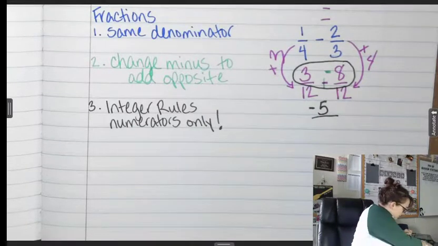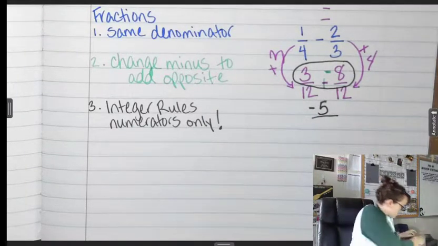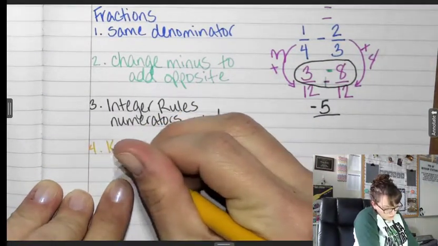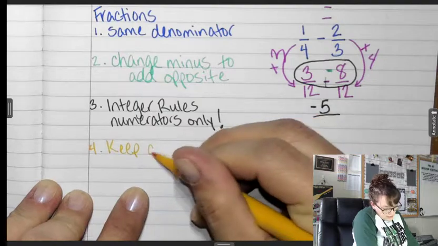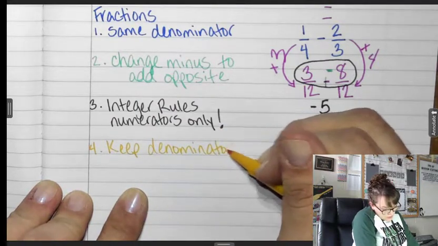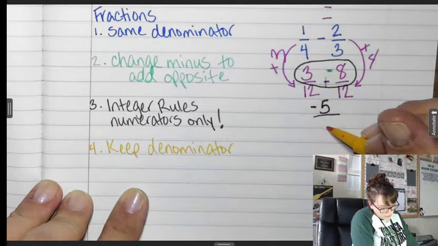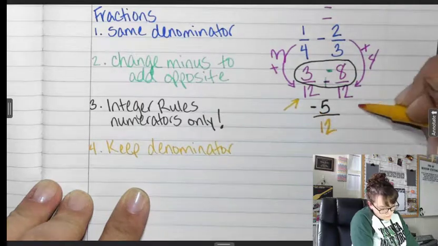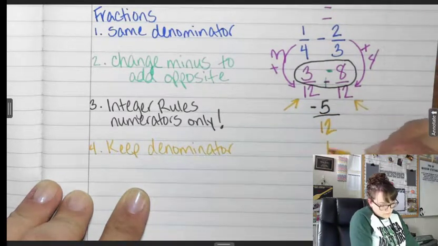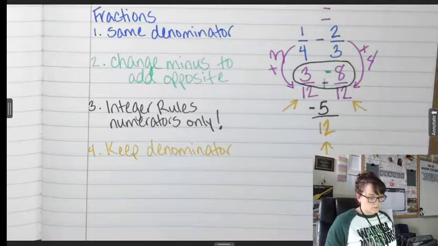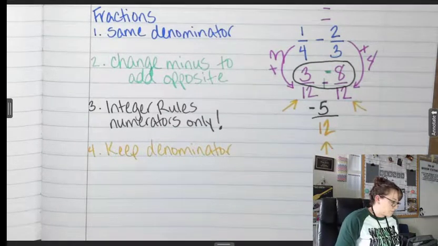Need a new color. That's brown. Gross. Keep the denominator. So 12. Keep 12. That's the fraction part.